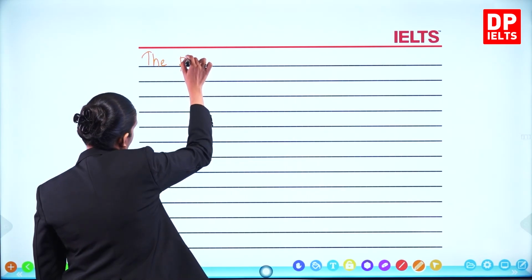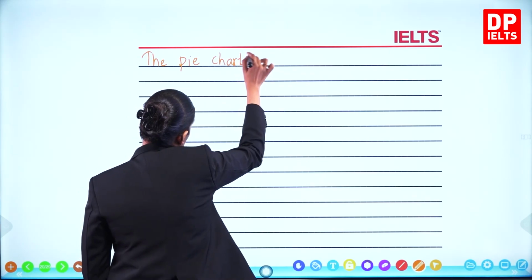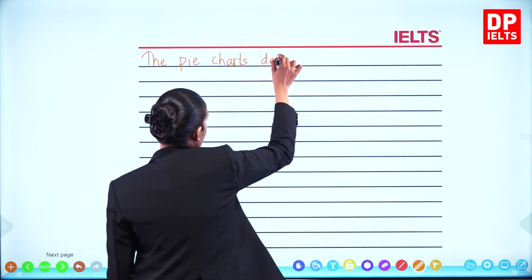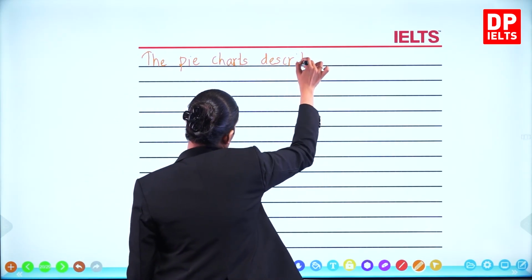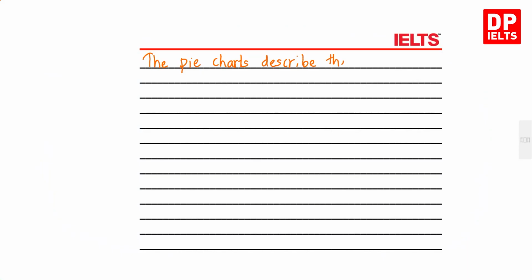So the pie charts describe the numbers and percentages. Why? Because the percentage is also put down in terms of numbers below that.